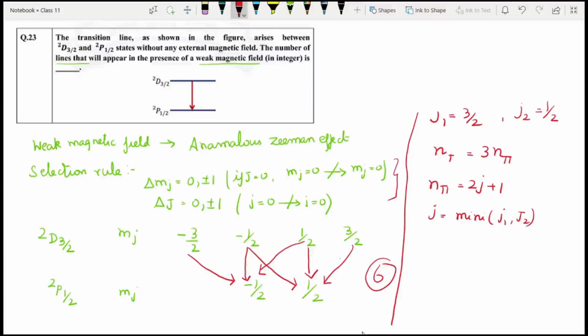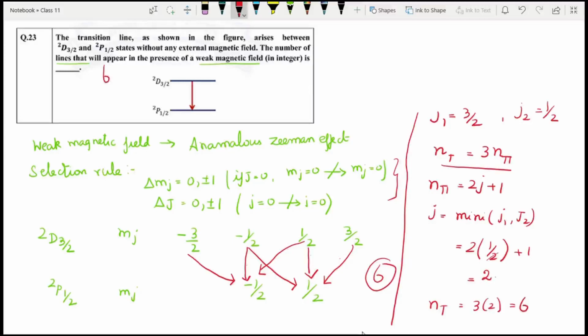We have to take the smallest value. So 2 into half plus 1, so the value is 2. Now substituting the N pi value, Nt is equal to 3 into 2, that is equal to 6. So the answer can be obtained in both ways.